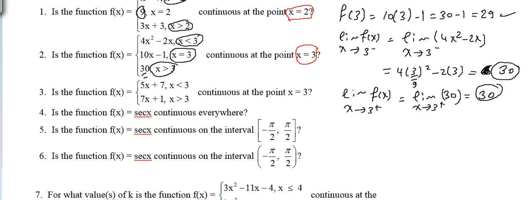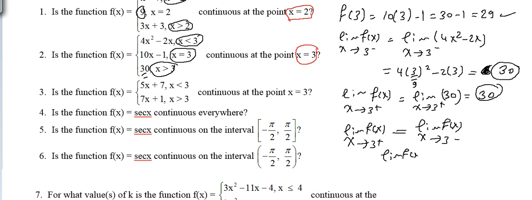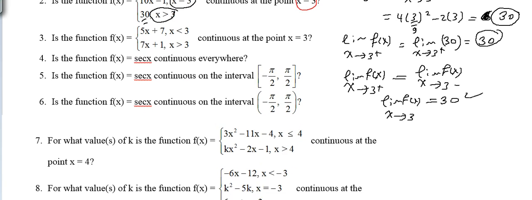So the limit of f of x as x approaches 3 plus is equal to the limit as x approaches 3 minus, and this is satisfied. The limit as x approaches 3 is equal to 30, and this satisfies condition 2.